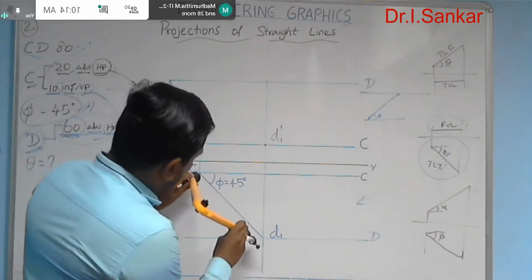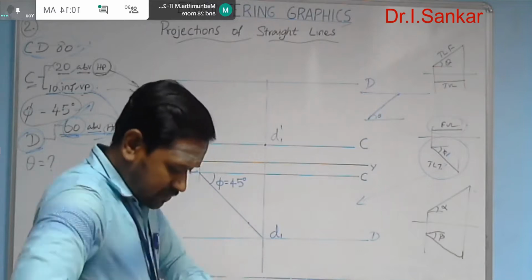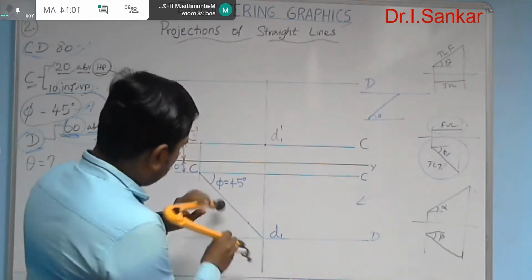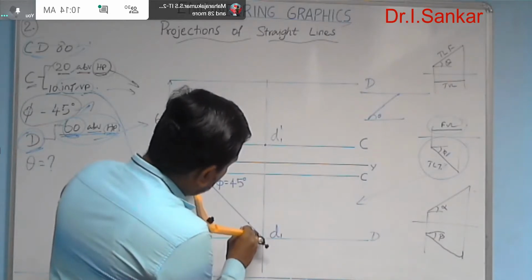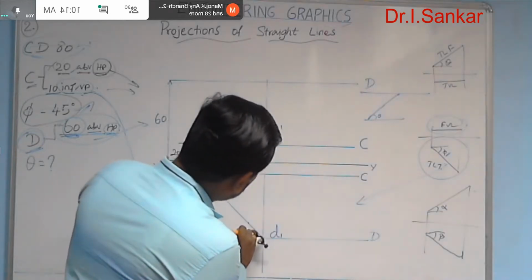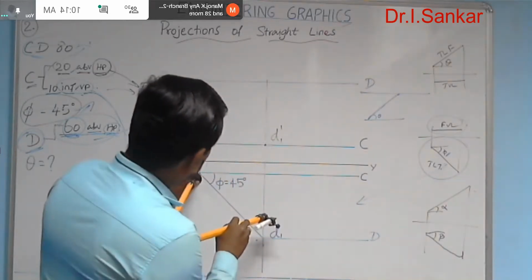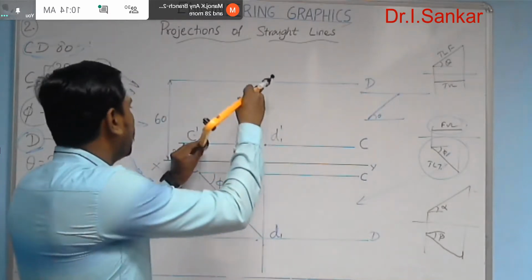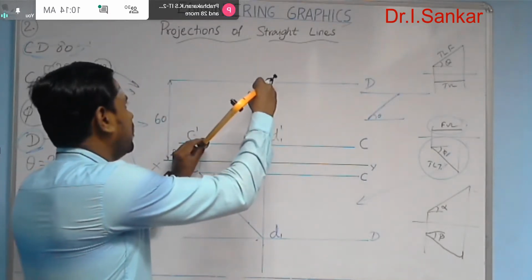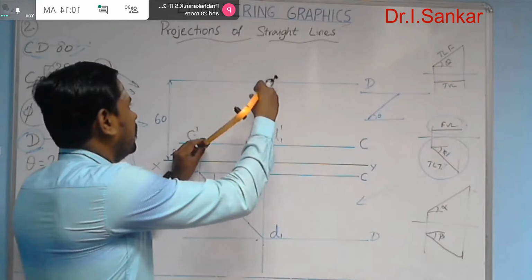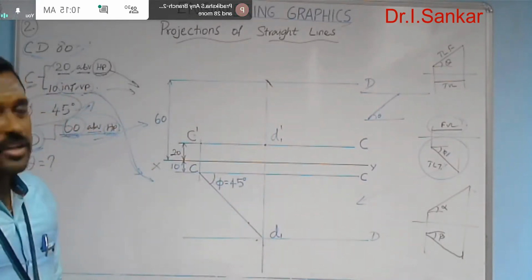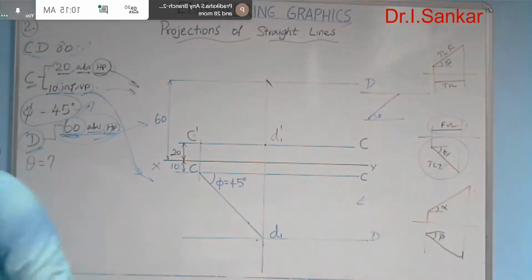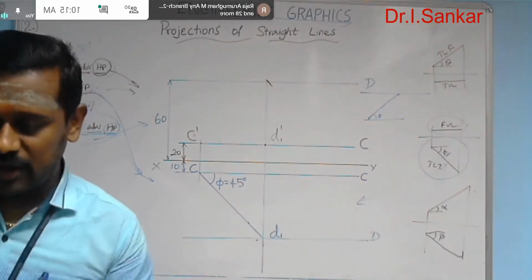So the true length can be measured from here. So with the C dash as a center, I just cut an arc in the locus of D. Then I can connect it.